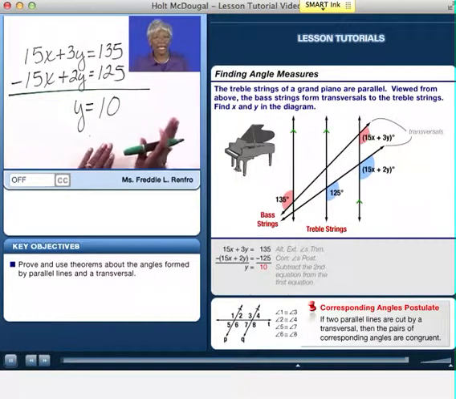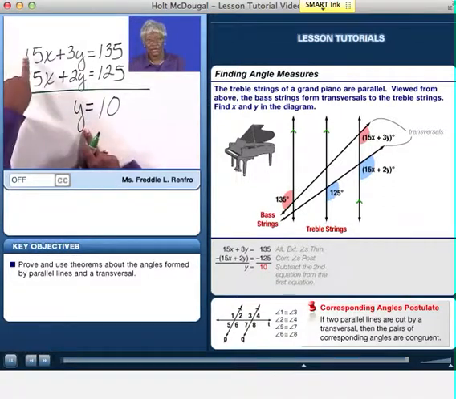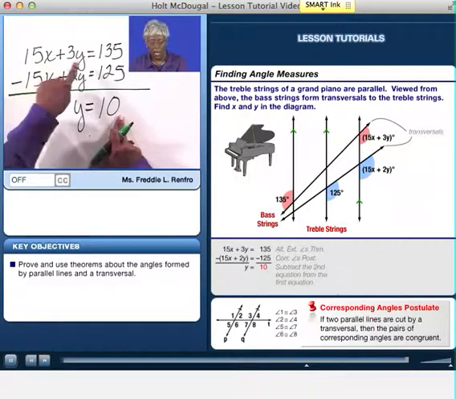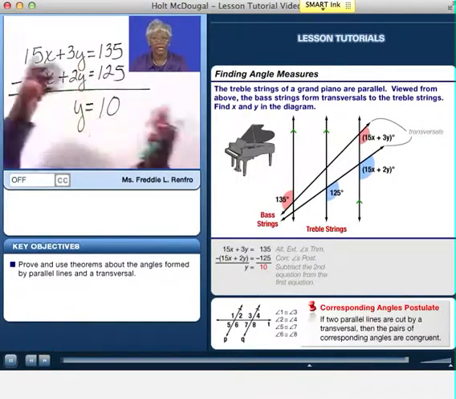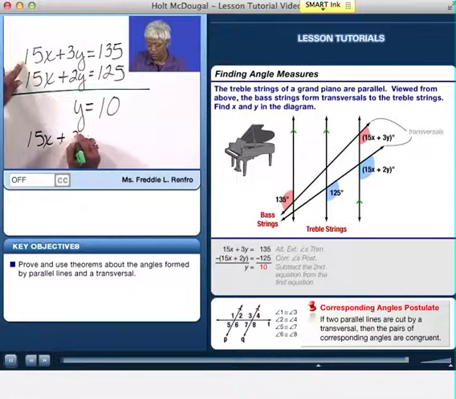Now, if we want to find x, we simply take this value and substitute it for y here or here, either one. Let's try the first one. 15x plus 3y equals 135.